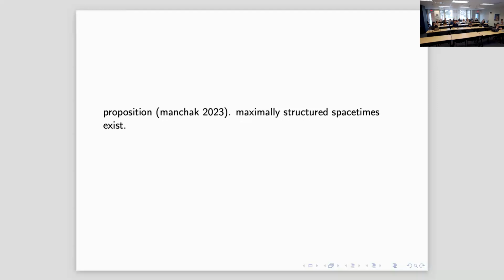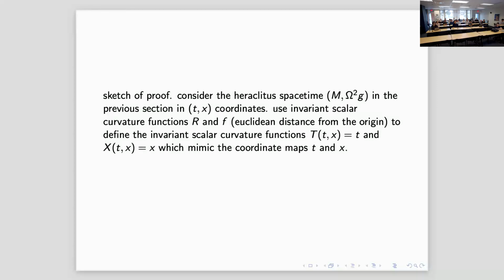That's the next proposition, that I know maximally structured spacetimes exist. Why? Because the one I already showed you is maximally structured. So I want to walk through that just briefly here. Here's a sketch of the proof. Consider the Heraclitus spacetime that I started with, with tx coordinates.